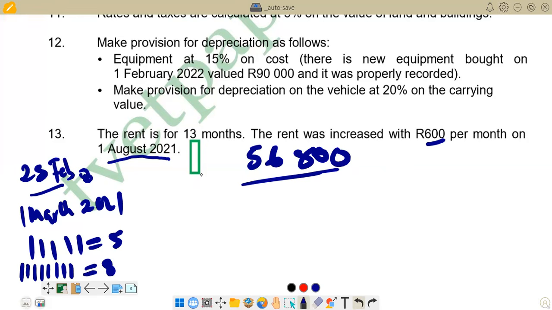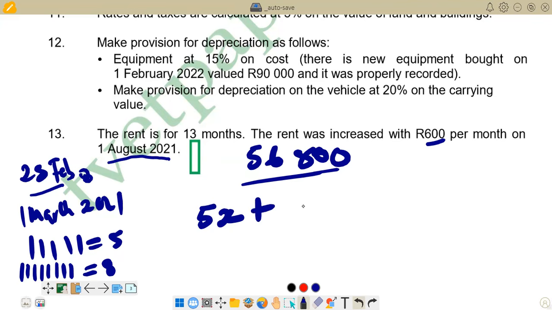So we can formulate an equation that will lead us to the amount of rent for the extra month. Let's assume that the rent per month is represented by X. So we say X is the amount before it increased, and it was for 5 months. 5 times X, we get 5X.